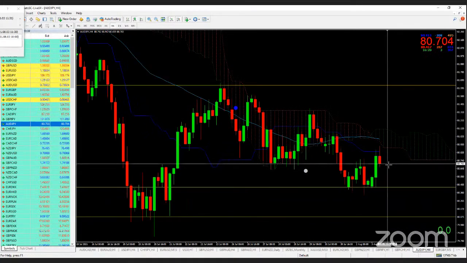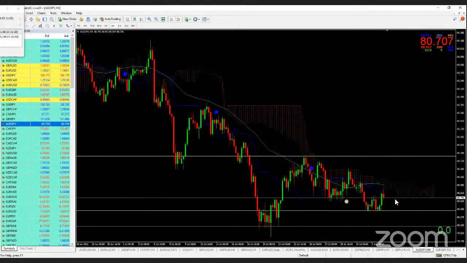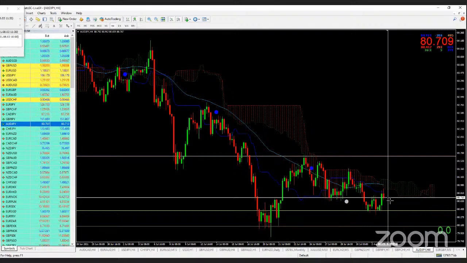If you enter here, the stop loss would be 60, take profit about 90 or so, which is just better than 1 to 1, like 1 to 1.5. I usually prefer, when trading harmonic patterns, to go with at least 1 to 2. So that's why I'll be waiting for a pullback. We might not get that pullback.